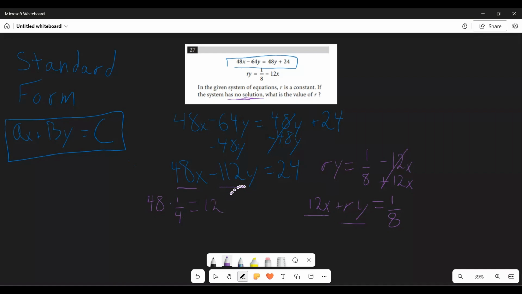Similarly, we can do the exact same to figure out what r is going to be, right? Because we know 48 times 1/4 is going to be equal to 12. So negative 112 times 1/4 is going to give us r, right?